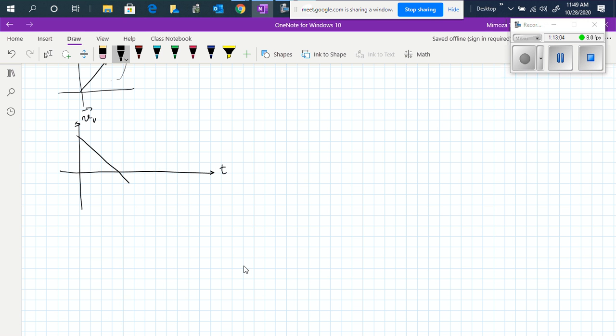the graph will look something like this, where at this point here is where the maximum is reached. Okay. It may be negative, as in this case, yes, we may have a negative one. So if this is the vertical velocity, then we may have a negative one that goes like this.